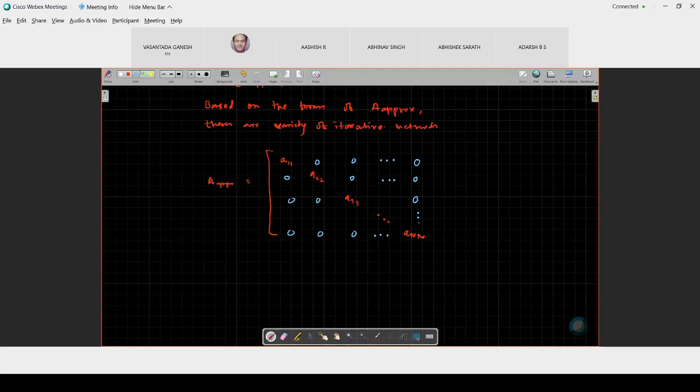If this is the A approx, it is used in the method called Gauss-Jordan iterative method.